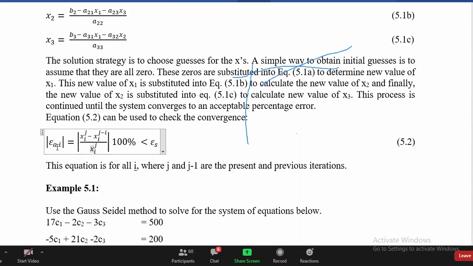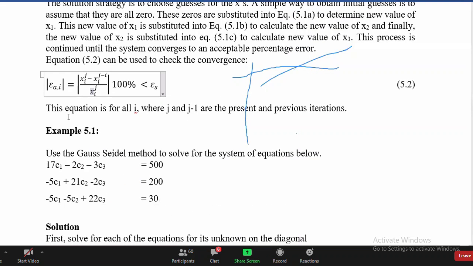The epsilon a, the approximate or estimated error, will be less than the stopping criteria, the stopping error. All right, and don't forget that this equation is for all i and j, right? And j is the present and this is the previous iteration. Quickly, let's see this example.